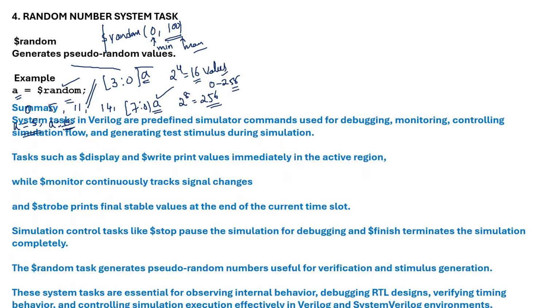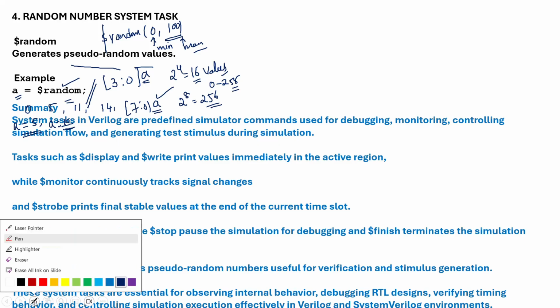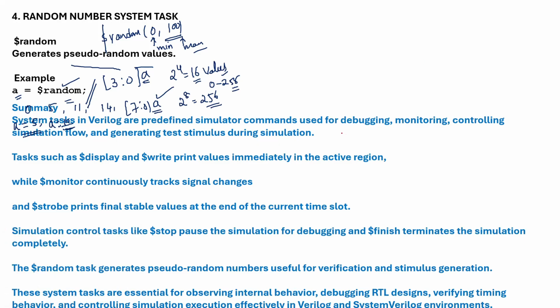So this is the summary. Why do we use system tasks in Verilog? They are predefined simulation commands, just for controlling the simulation flow. We use them for debugging, monitoring and controlling the simulation flow.